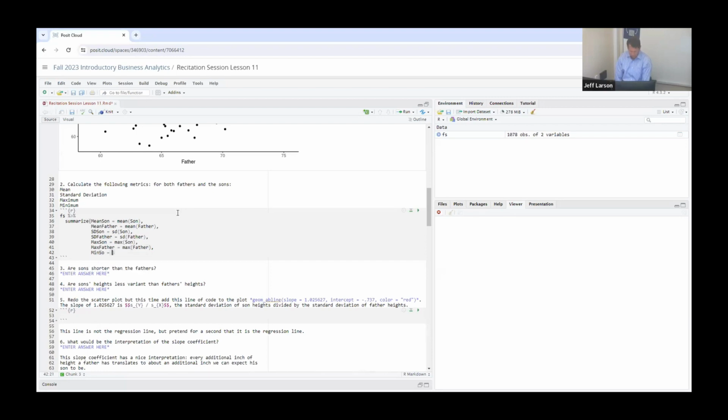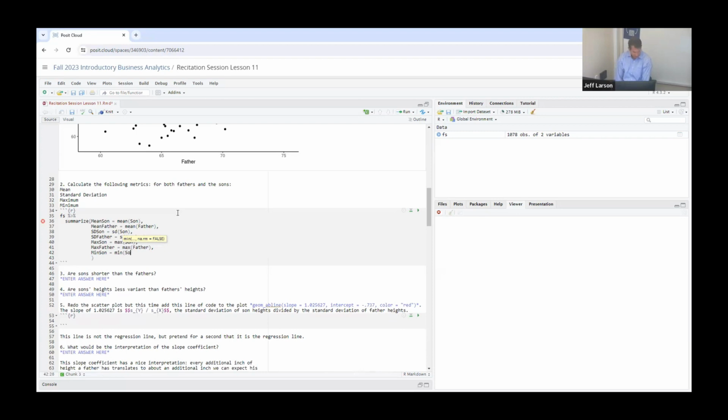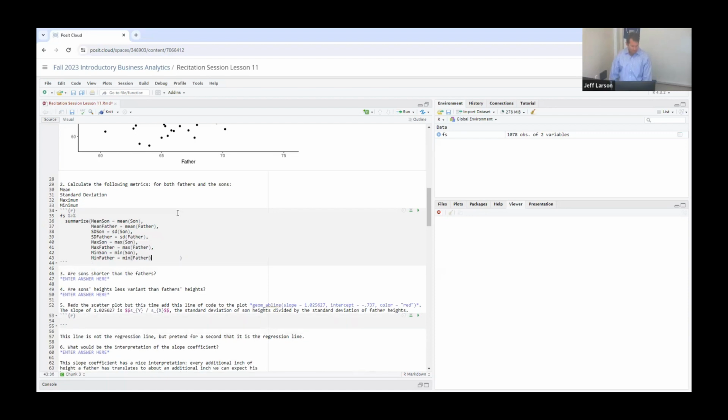Min son is min of son. Oops. I hate having to type down like this. That's why all these little typos. And then min of father. And I can bring that up here. Either way. Okay.